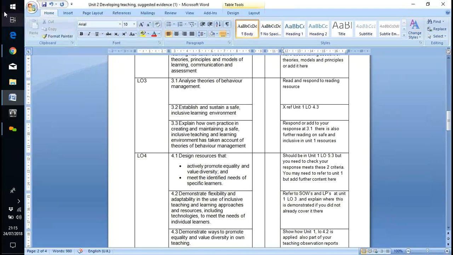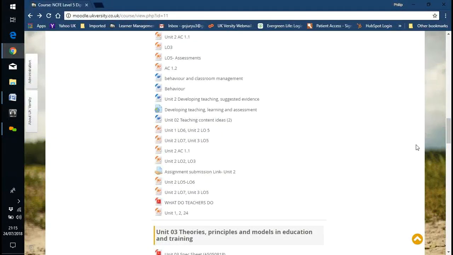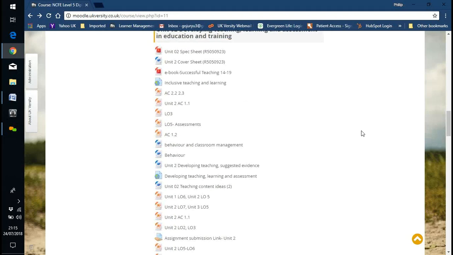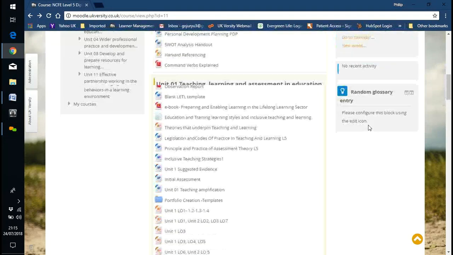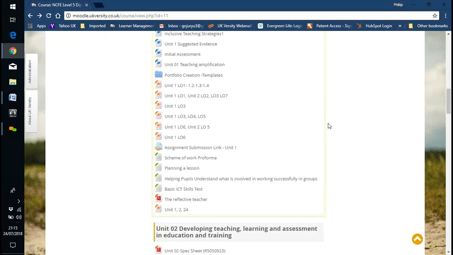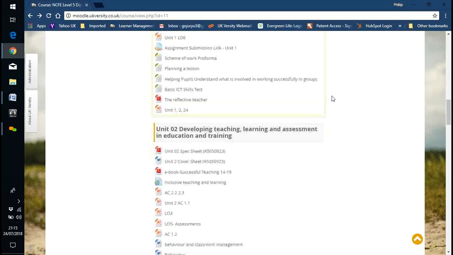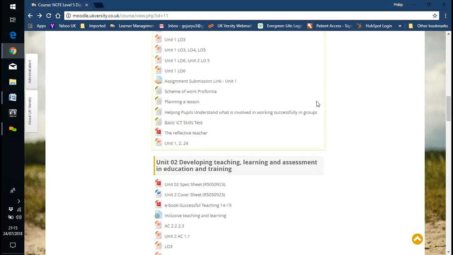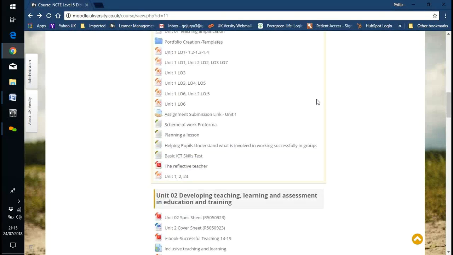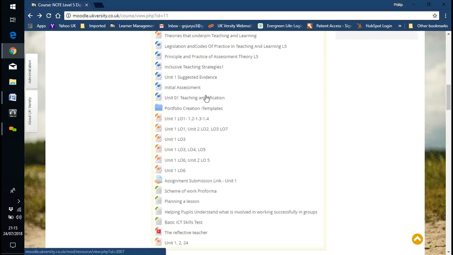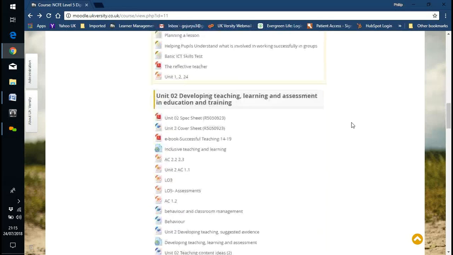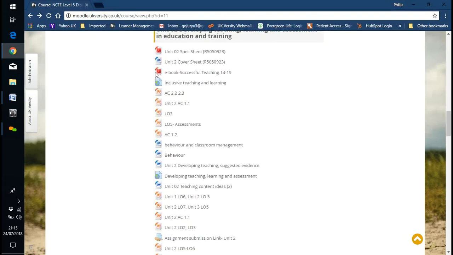Sorry about that. Making sure it's gone back in the same place. Reflective teacher. Yeah, it's there, it's just evidence of that. The teaching application was looking for Unit 2.